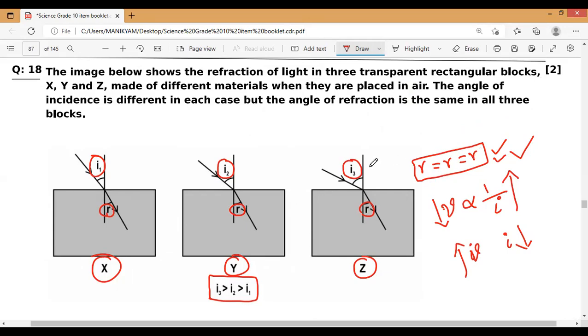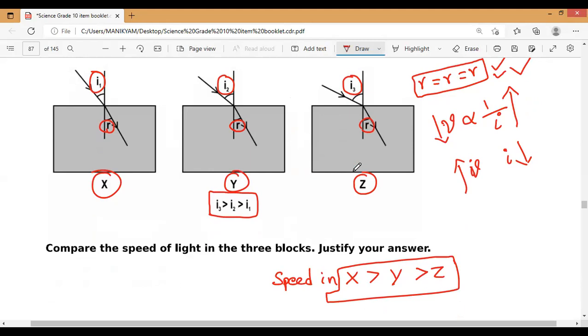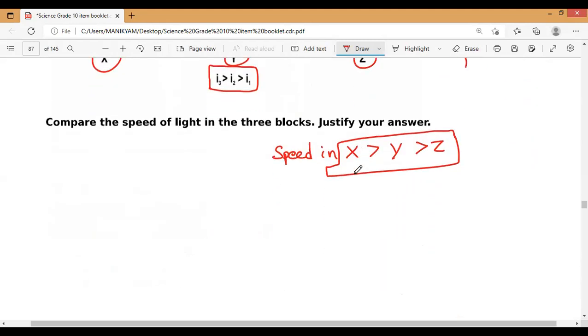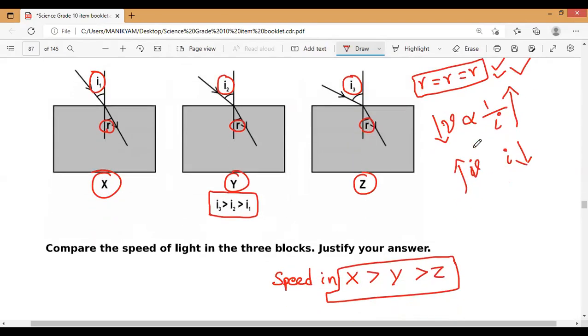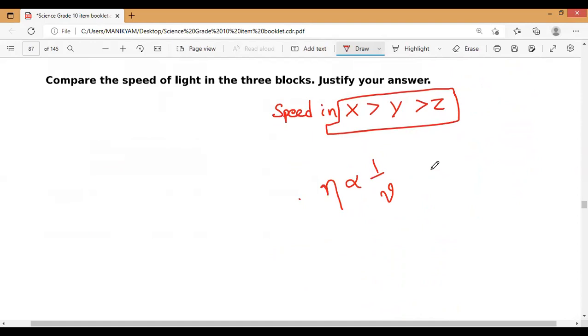Now, all of you observe very carefully. Next, what is the relationship between speed and refractive index? Speed and refractive index are inversely proportional. Now, sir, if I am not familiar with the angle of incidence and speed of light, you can go with this one also.